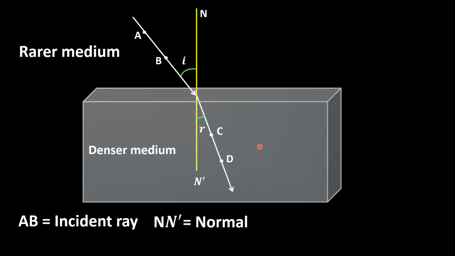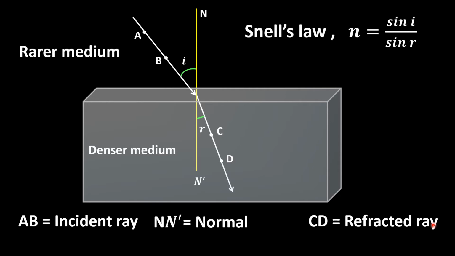So what is CD here? CD is the refracted ray. Then what is Snell's law? See here. Snell's law states that n equals sin I by sin R. What is n? n is the refractive index of the medium.